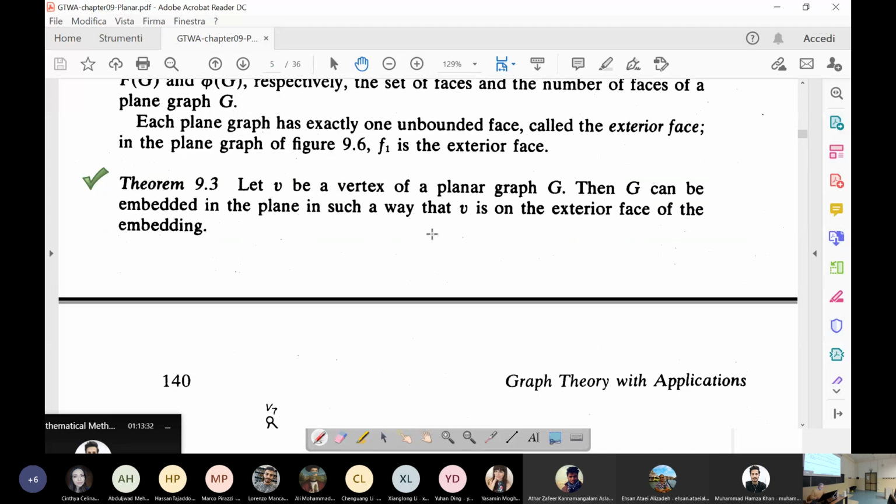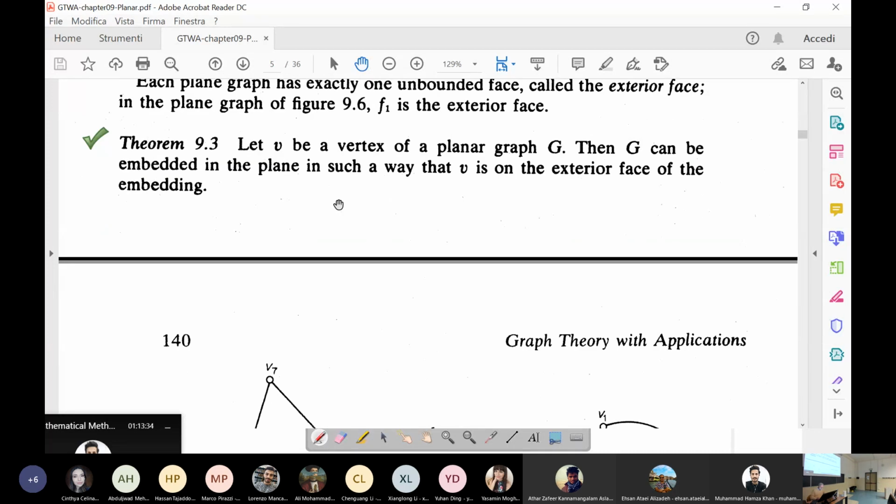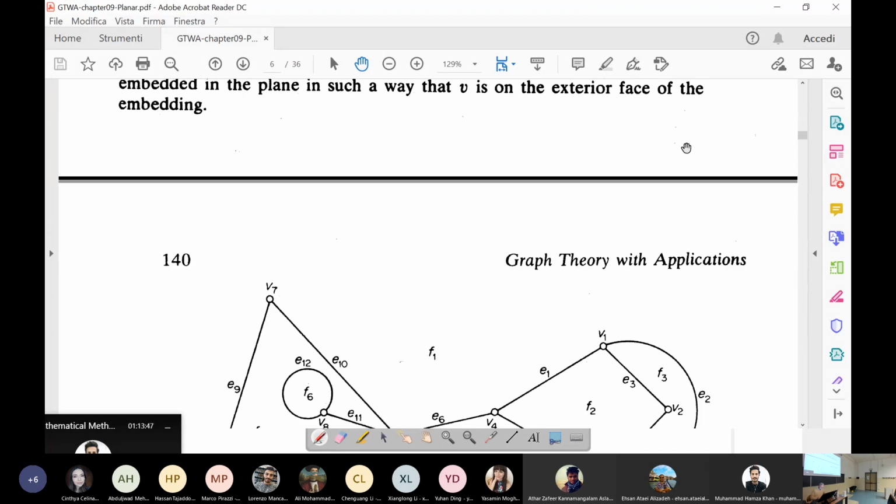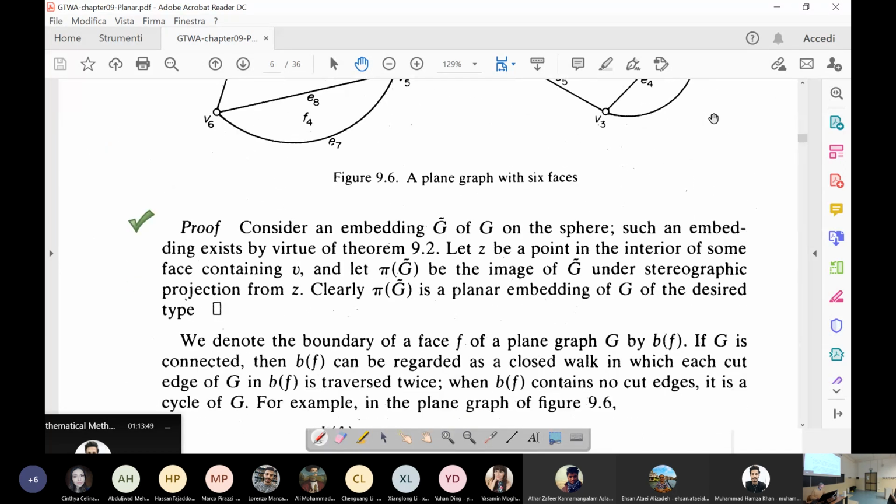Now an interesting thing which could look a bit puzzling. Let V be any vertex of a planar graph G. Then G can be embedded in the plane in such a way that V is on the exterior face of the embedding. I read what is written here and then try to draw something to let you understand what happens. Consider an embedding G tilde of G on the sphere.